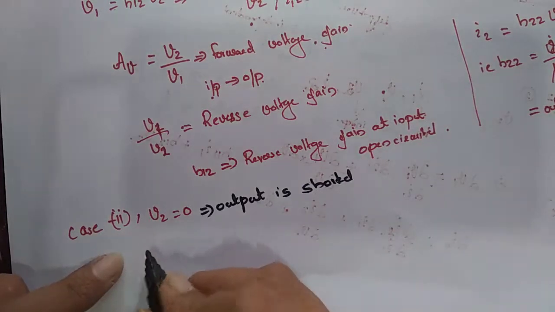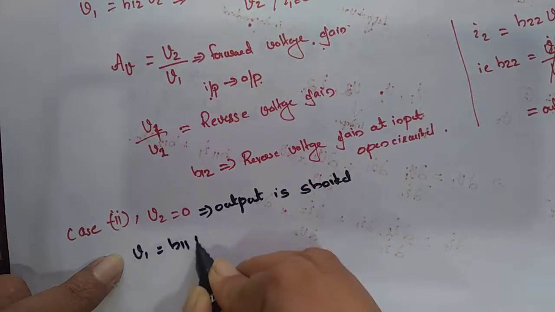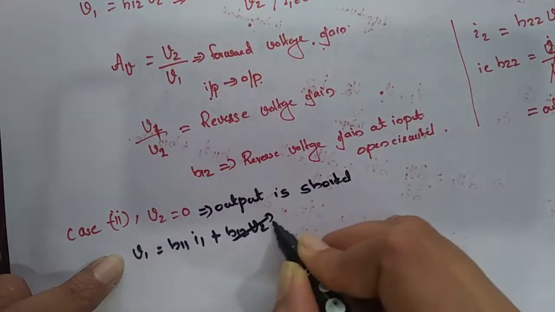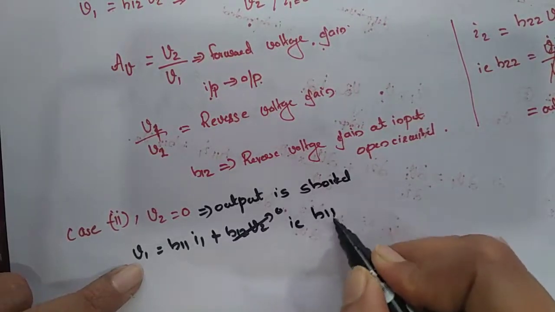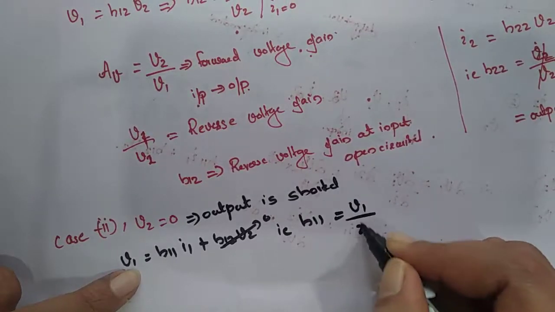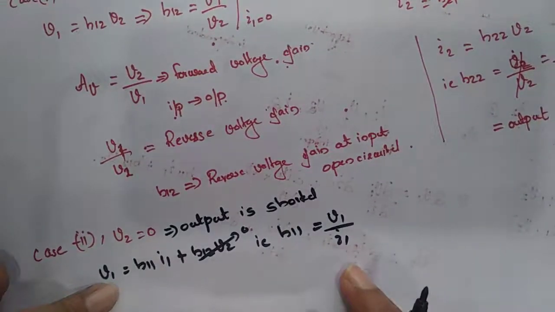If I substitute into my first equation, V1 is equal to H11 I1 plus H12 V2, this V2 term is equal to 0. So I can say H11 is equal to V1 by I1.